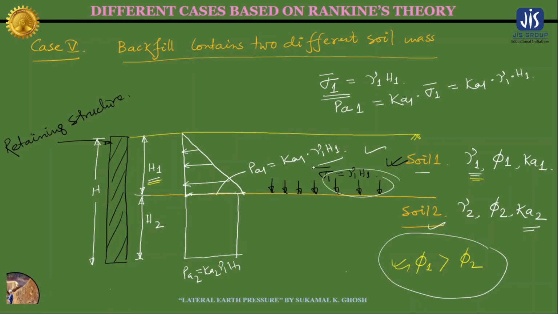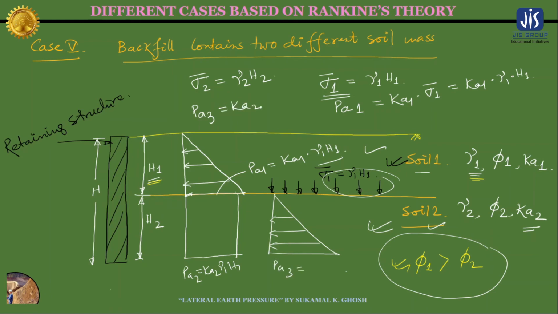Now we need to calculate the active earth pressure due to the second layer. For the second layer also, the pressure distribution diagram will be a triangle. And for this particular case, the effective stress will be gamma 2 into H2, right? And that is why Pa3 will equal Ka2 into sigma 2 bar, which equals Ka2 into gamma 2 into H2.